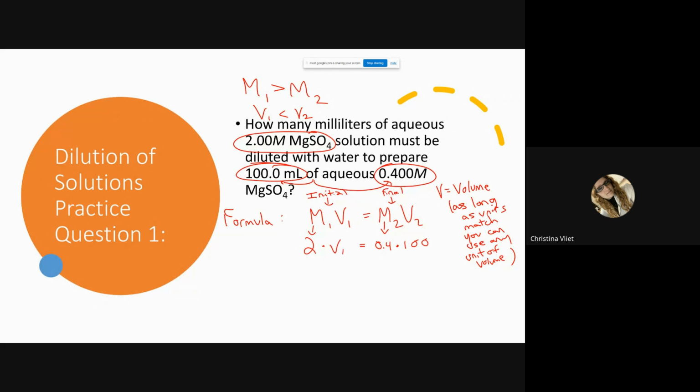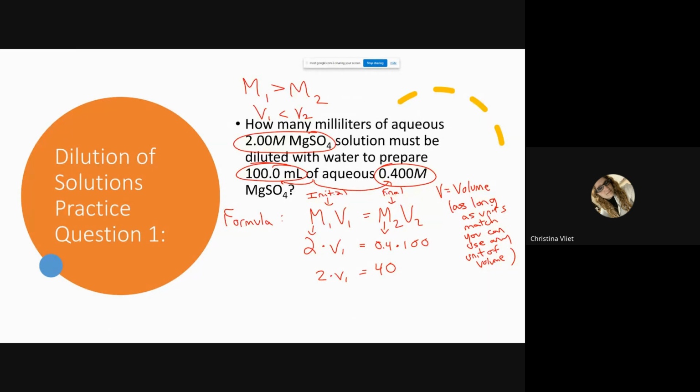We're solving for V1. For any algebraic equation, you have to have only one variable, and everything else you must have the information for, or else you're not going to be able to solve it. So we're solving for V1 here. Do the math. 0.4 times 100 is 40 in algebra. And then how do we solve for V1 here?